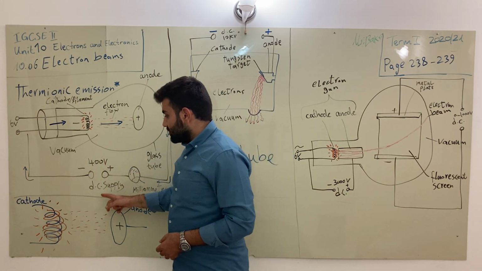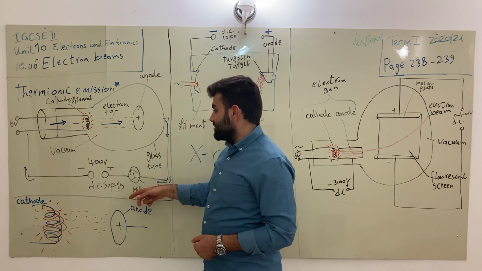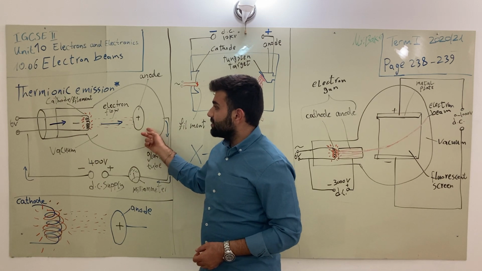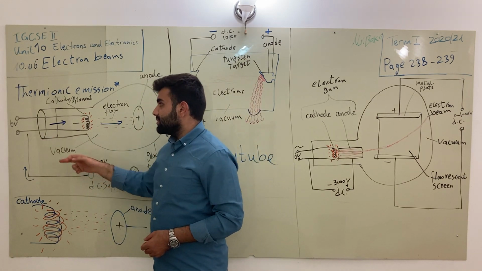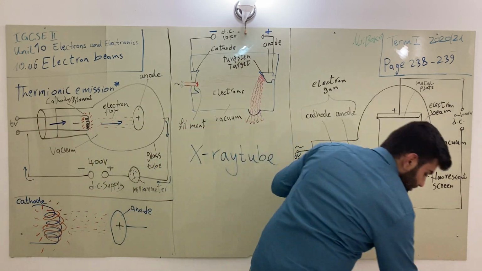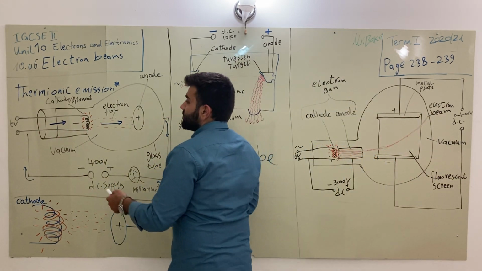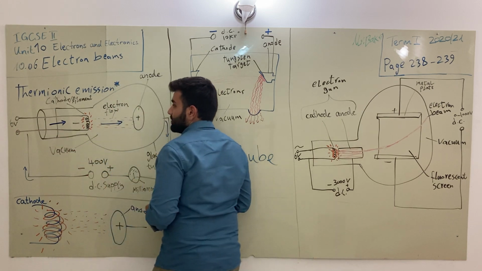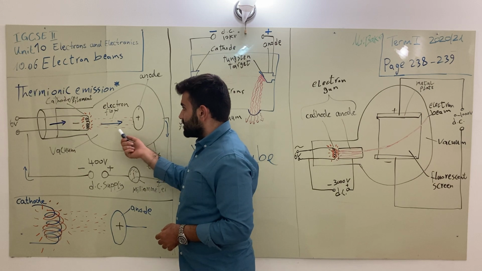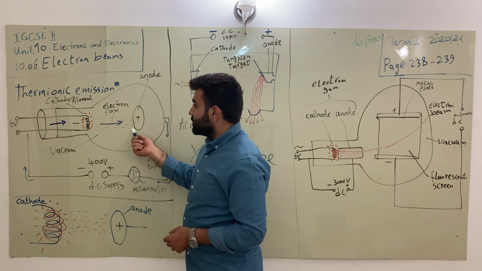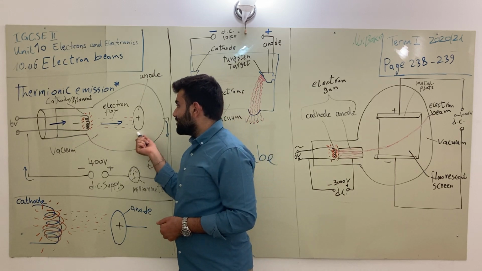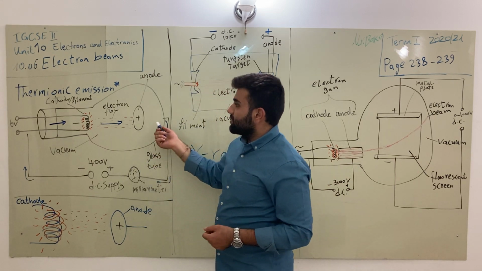Of course, here we are applying a DC supply. We apply 400 volts between the anode and the cathode, and we apply 6 volts just for warming up. The electrons will flow to the anode, because of course the electrons are negative, and they give a ray to the anode.